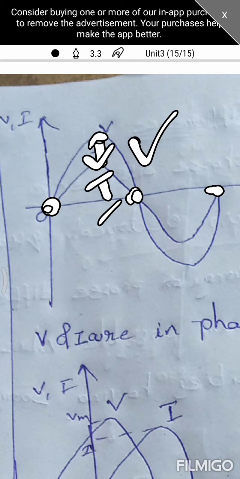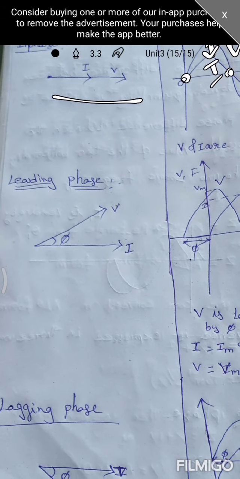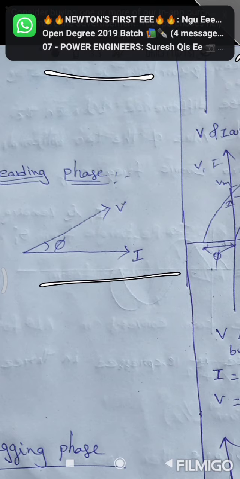Next, leading phase. If you consider vector diagrams, here current is at 0 degrees and voltage is leading by some angle phi. This is the vector representation.